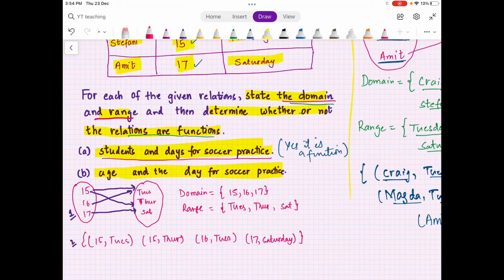Now is it a function? Here you see, corresponding to 15 you have two dependent variables, Tuesday as well as Thursdays. So this is not a function.